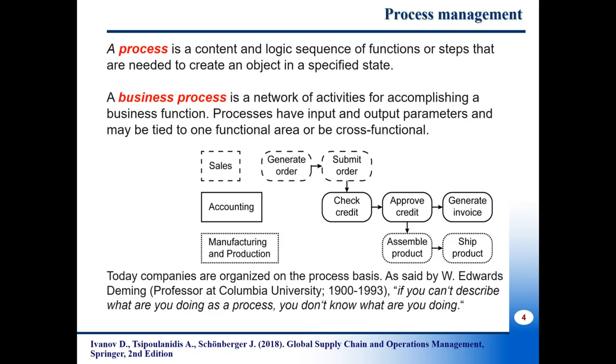Meaning that if you want to have a process of learning supply chain management in this course, then the process should be: first you have to register, and then you have to attend both online and offline learning, and you also have to submit your assignments and work on your homework, and also attend your exam before you get the grade.